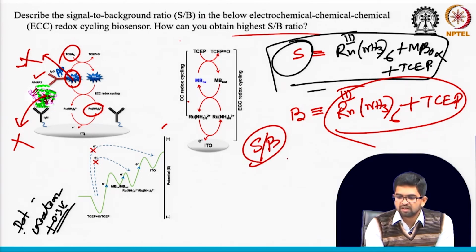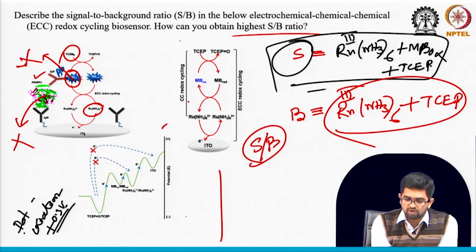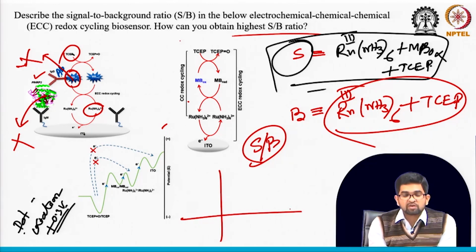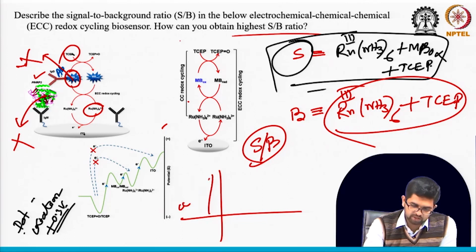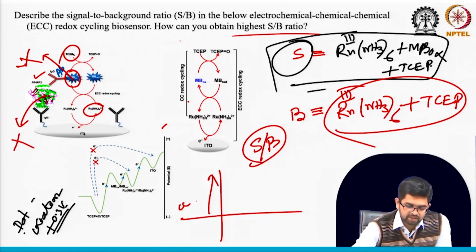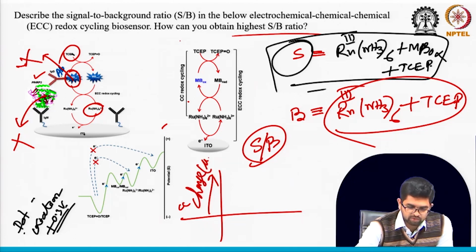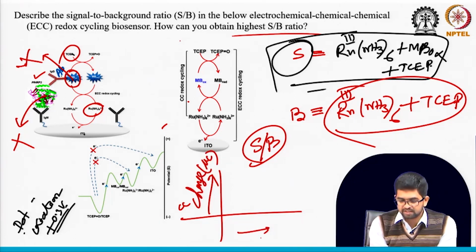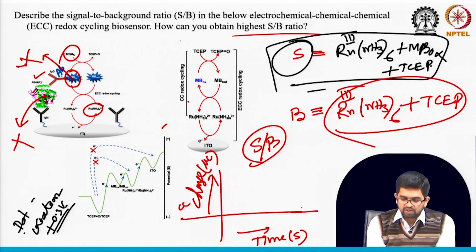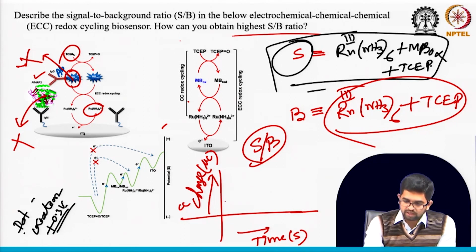You can easily tell that, depending on whether it is chronoamperometry or chronocoulometry. Suppose you are measuring chronocoulometry, CC. So on the y-axis you are measuring current or charge, like microcoulomb, and the x-axis is the time, like seconds. So for signal and background, the background you may get this much.